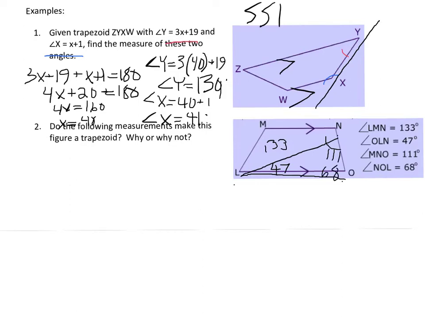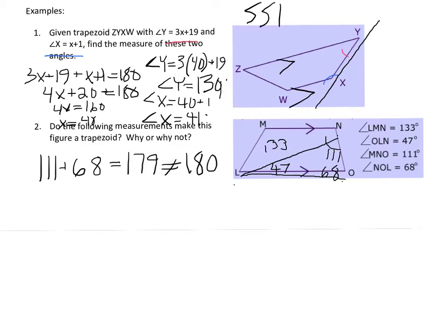So I initially think, how can I prove that those two lines are parallel? Because that's how I need to show that it's a trapezoid. If I add 111 plus 68, I'm going to get 179, which is not equal to 180.